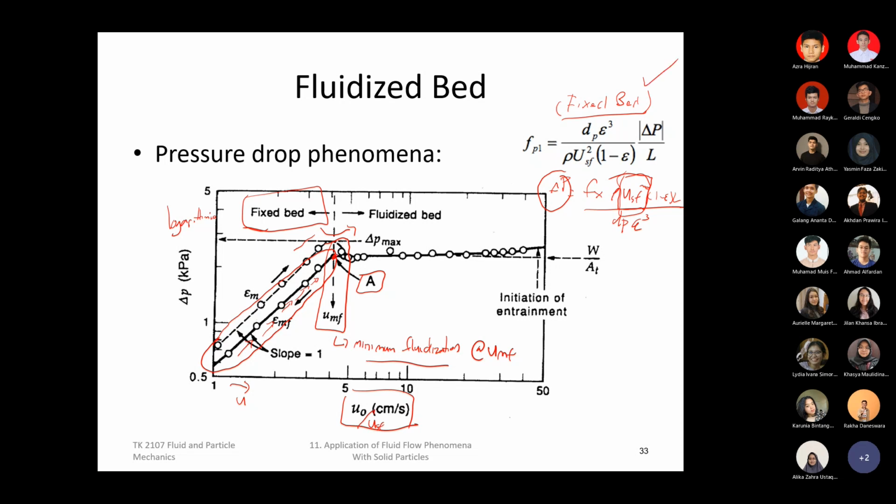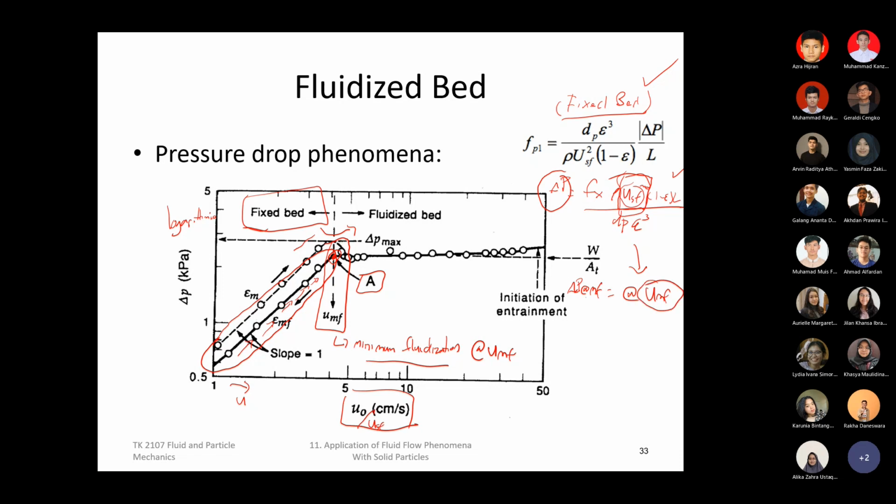Because that's at the end of the fixed bed point. So this formula is still applicable at UMF. So delta P at minimum fluidization will still be the same formula. Instead of USF, you must make sure that the velocity is exactly at UMF.